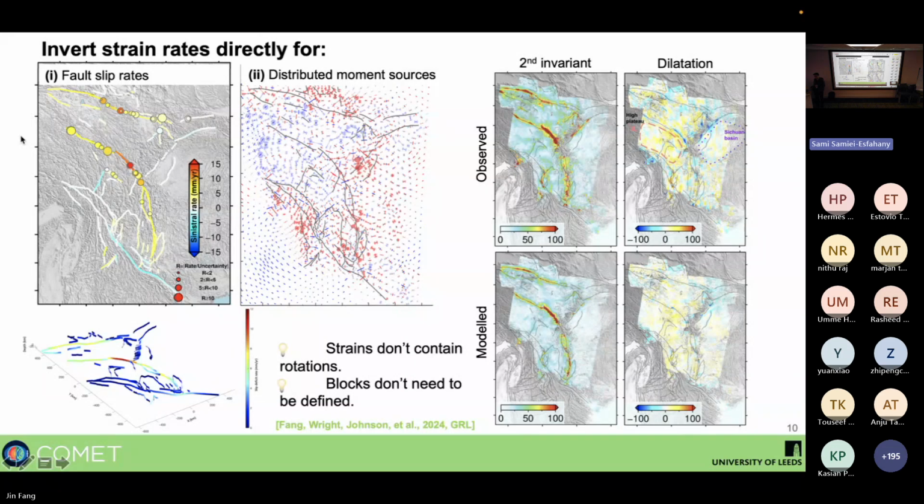One of the key advantages here is that we don't need to think about rotation, because strains don't contain rotation, and so we don't need to define tectonic blocks or microplates. Beyond just estimating fault slip rates, we can also solve for off-fault distributed moment sources that can help explain the observed diffuse deformation that is not concentrated on mapped faults.